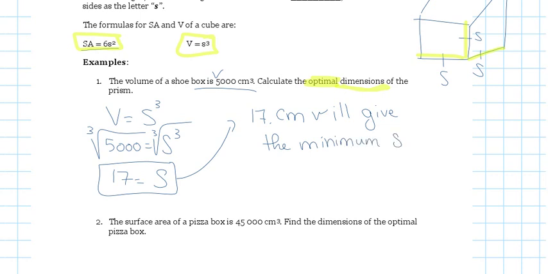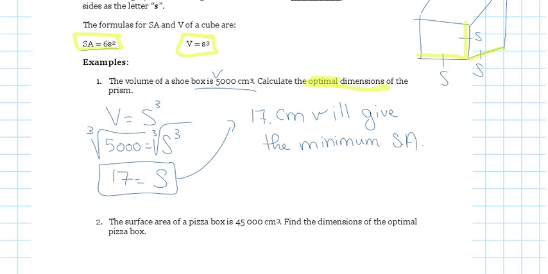Remember that we are always trying to minimize surface area because that will reduce cost, and then we're trying to maximize volume. Okay, so in this case, I started with the volume because that's what's given to me. I picked the volume formula of the cube and I isolated for my side.